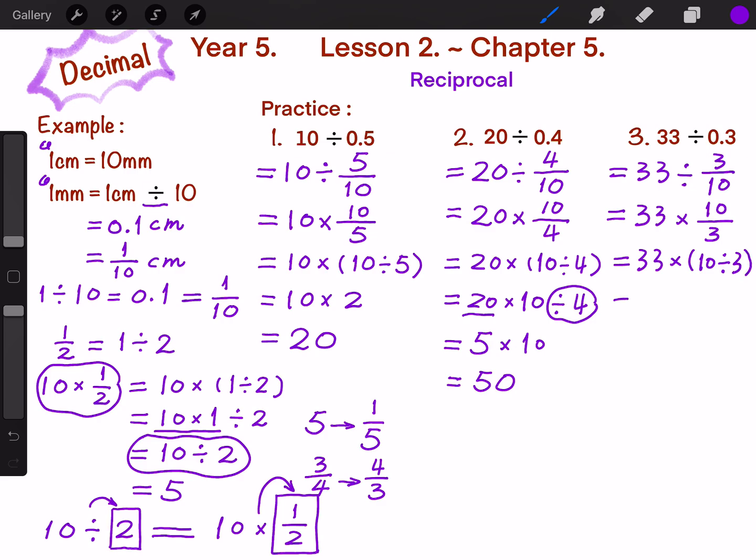Let's get rid of the brackets. 33 times 10 and then divided by 3. 33 divided by 3 equals 11 and then times 10 finally equals 110.